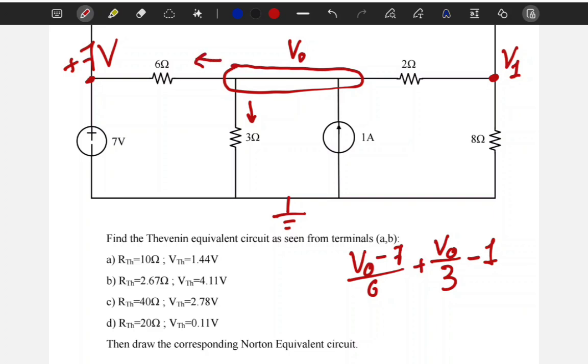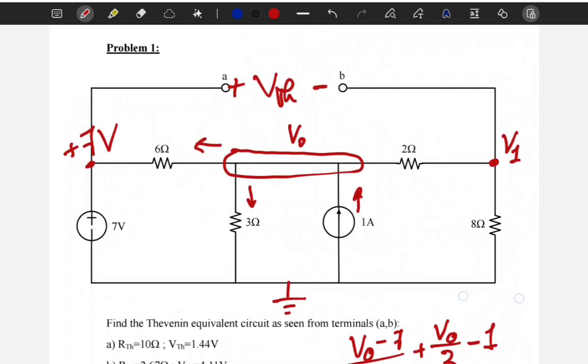The current right here is V0 minus 7 divided by 6, so I went from V0 to 7, and I went by a 6 ohm resistance, so V0 minus 7 over 6, minus 1, because this current source is giving minus 1 into the node, and then finally we have plus V0 minus V1 divided by 2, the resistance. This is all going to be equal to 0. So this is equation 1.